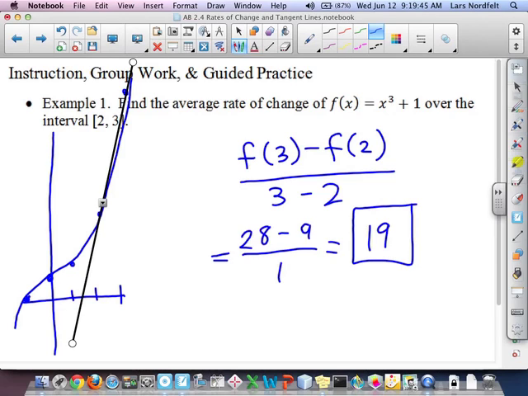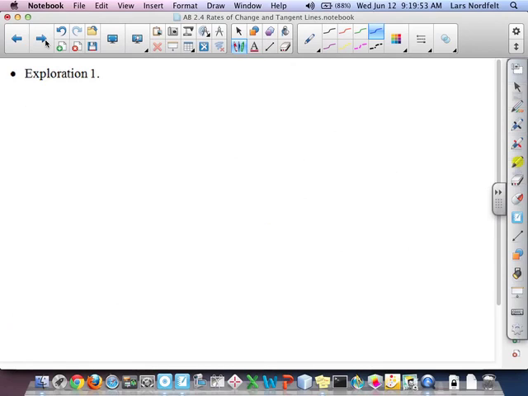Any questions about the average rate of change? So I had this curve.